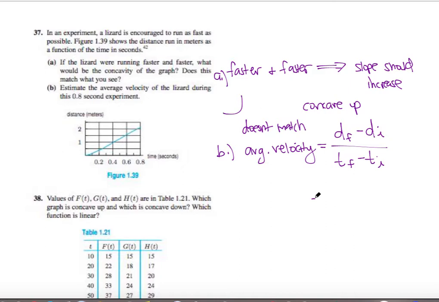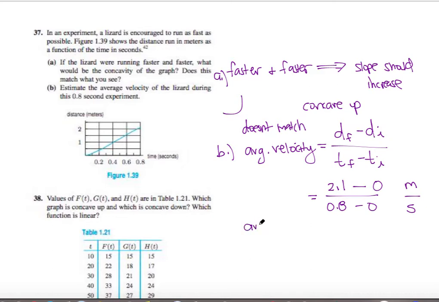And so this average velocity is going to be my final distance, which looks to be about 2.1 meters, minus 0 meters, over 0.8, also minus 0, and that appears to be in seconds.